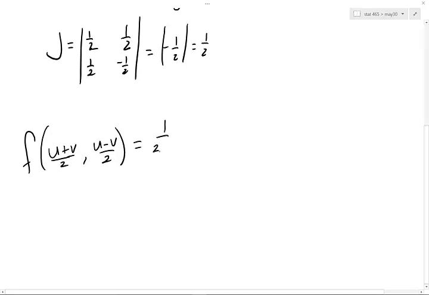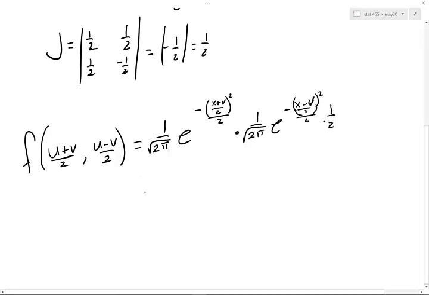It's 1 over square root of 2 pi, e to the minus x squared over 2, times 1 over square root of 2 pi, e to the minus y squared over 2, times 1/2. Now I'm lazy. 1 over root 2 pi times 1 over root 2 pi is 1 over 2 pi. But then there's also a 2 on the bottom, so it's 1 over 4 pi.